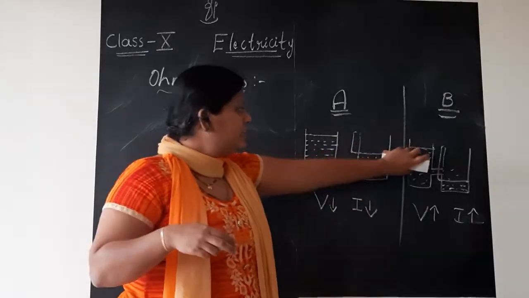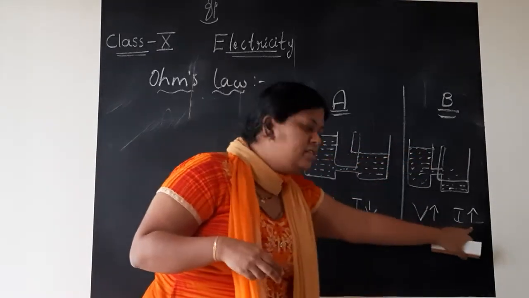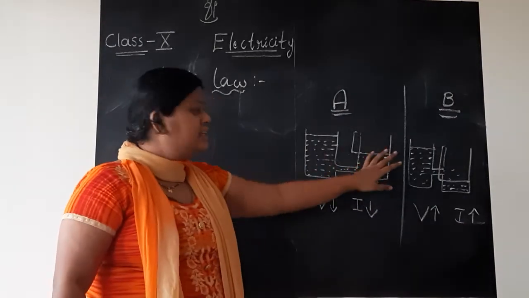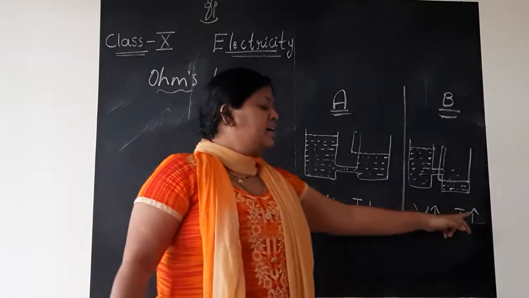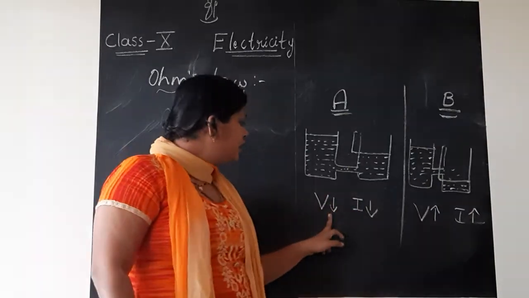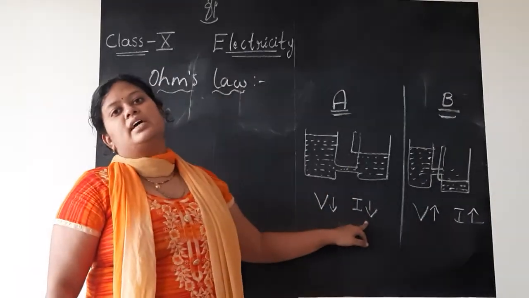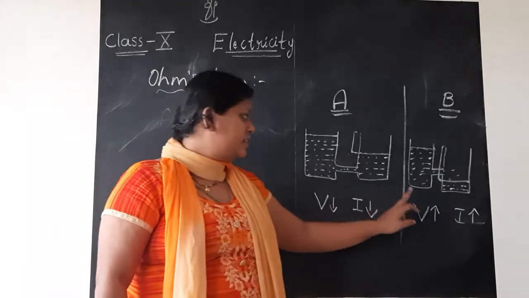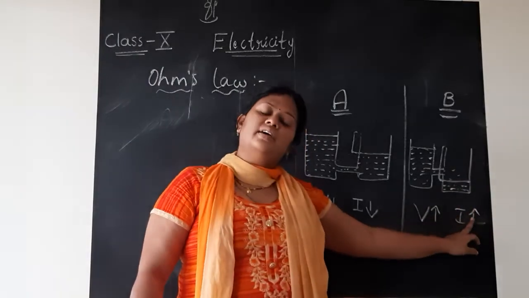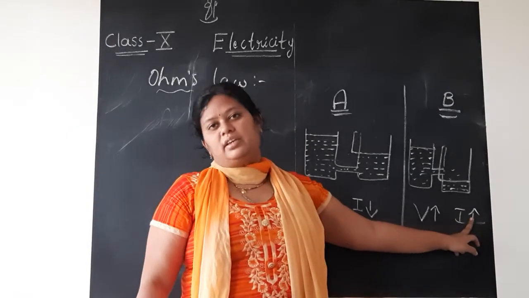So now forget this example and concentrate on these two. What we understood by this experiment is, if voltage is more, current is more. If voltage is less, current is less. If one decreases, the other also decreases. If one value increases, the other value also increases.